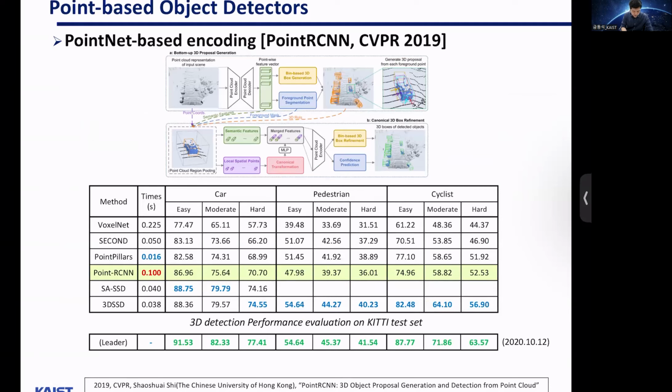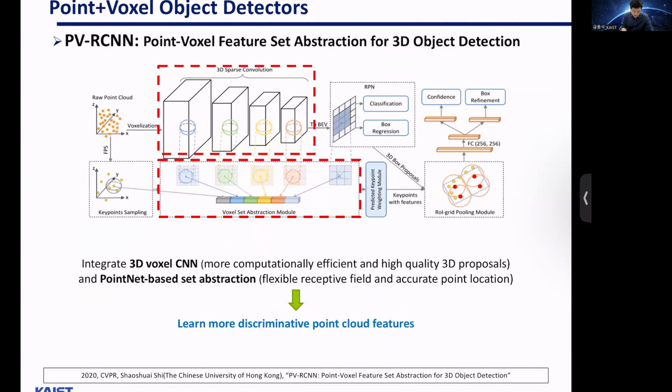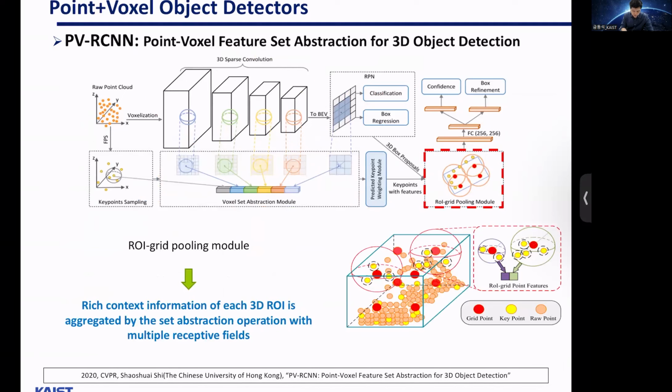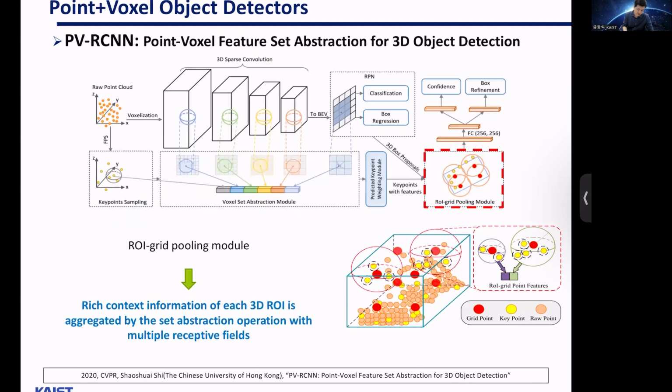This one, let me quickly point this one out. This one is interesting because it uses both point and voxel features for 3D object detection, and it does give you some performance improvement, but the computational load and the complexity of the network significantly increases.